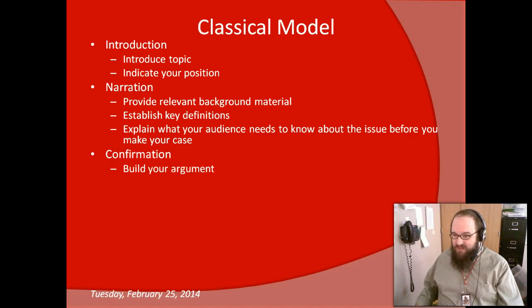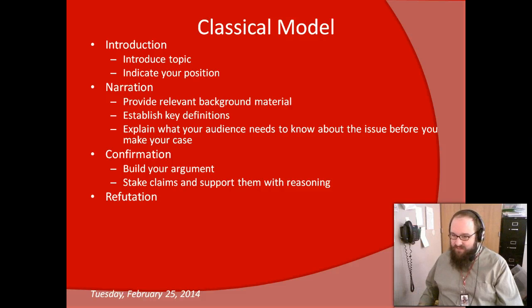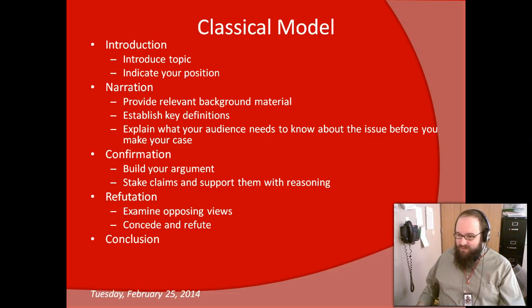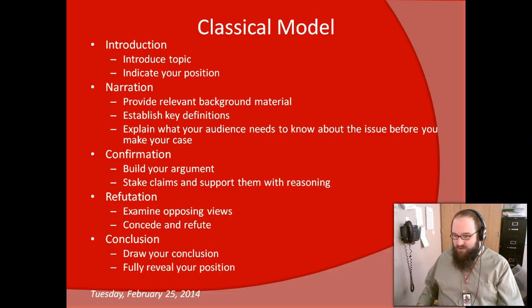Next comes your confirmation. This is where you actually build your argument. You state claims, support them with reasoning. Then your refutation. This is where you take time out of your text to examine opposing views, concede and refute them, before finally moving into your conclusion, where you draw your conclusion and fully reveal your position.